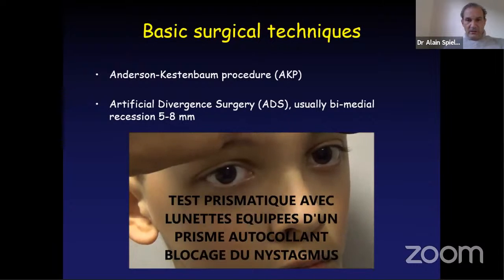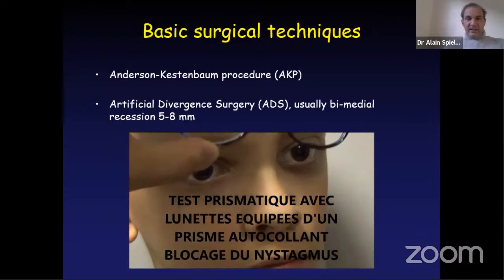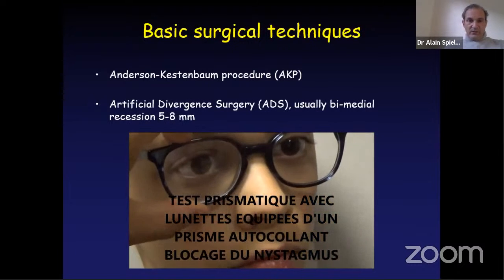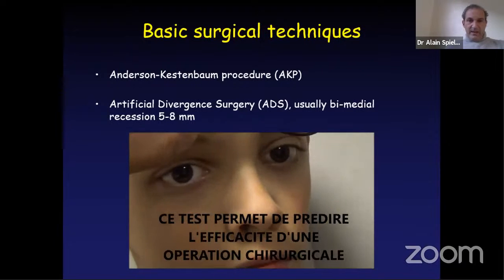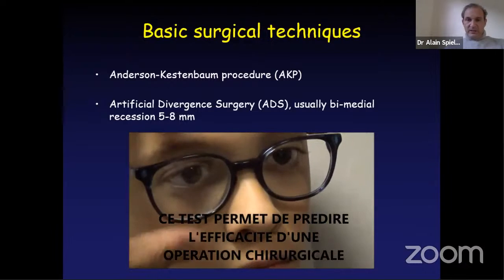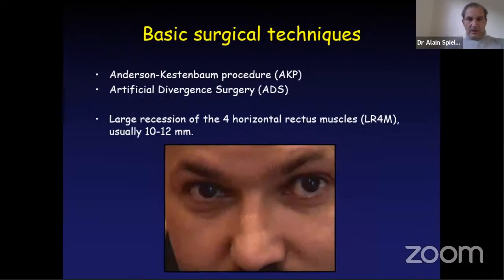You can use glasses to see whether the nystagmus dampens when putting the eyes in a divergent position. And this is done by prism adaptation test. And if the prisms do so, the surgery will do the same as the prisms.